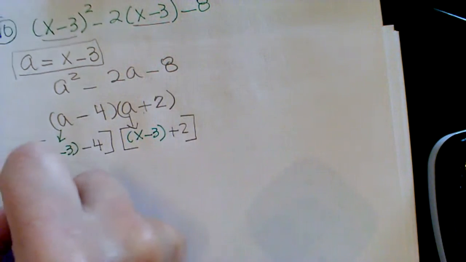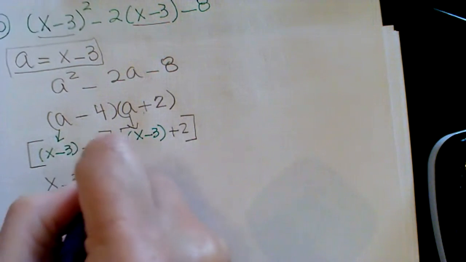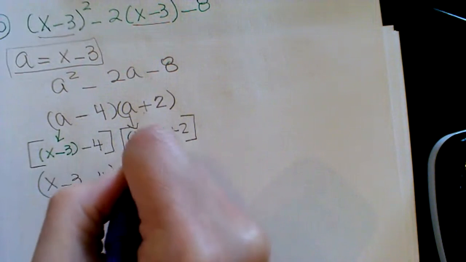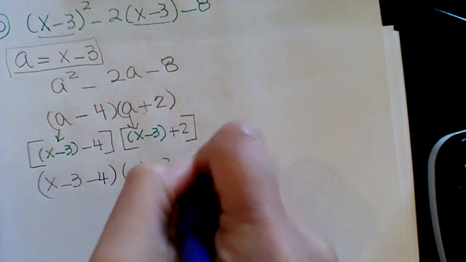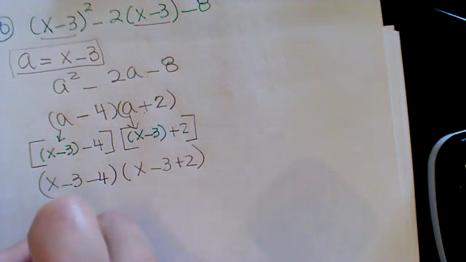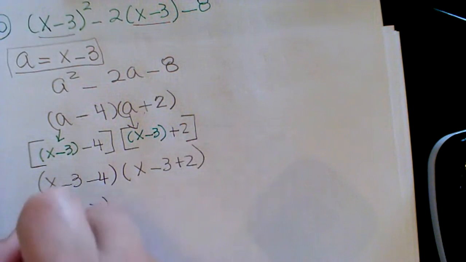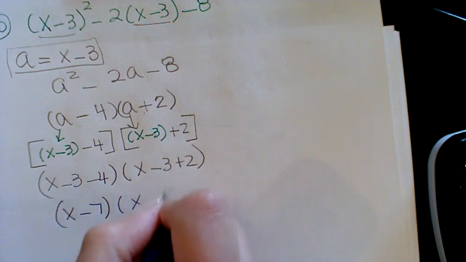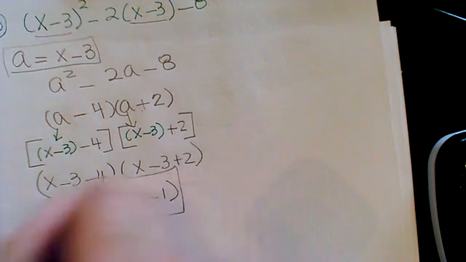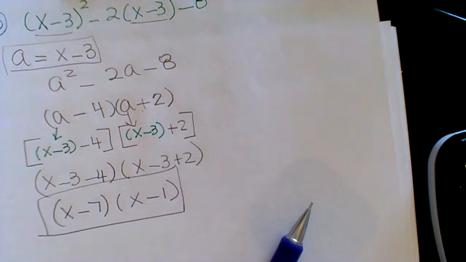Now this is going to be x minus 3 minus 4 and x minus 3 plus 2. So this is going to be x minus 7 and x minus 1. And that's going to be our answer.